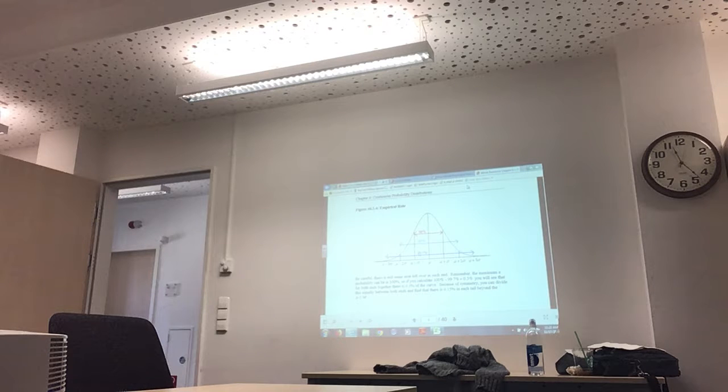So if this is 68%, that means what's in red is equal to 32%. But this is equal to 16, and this is equal to 16. That's all that's telling you.